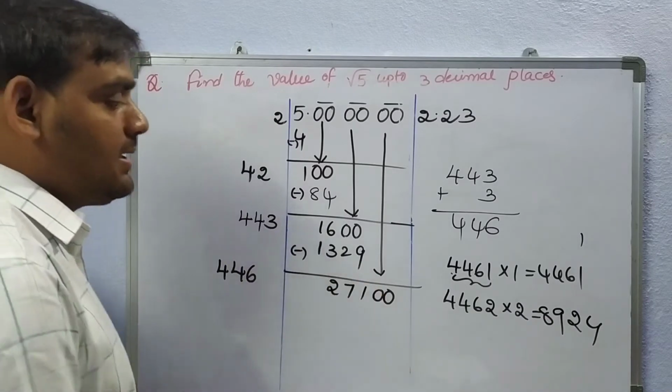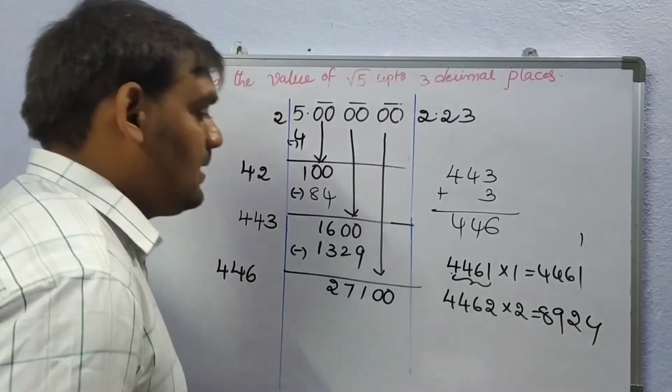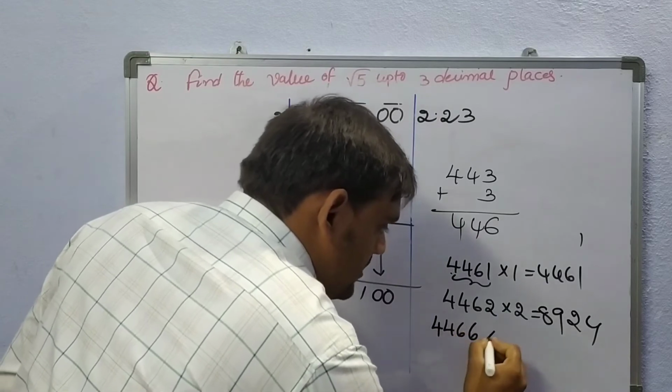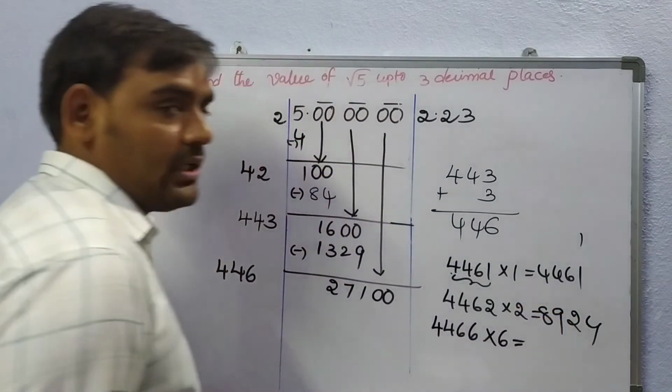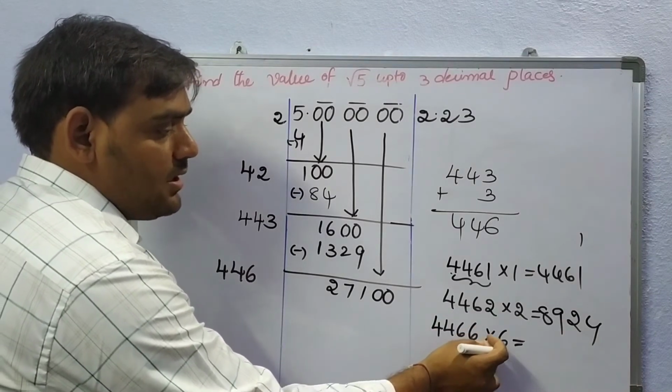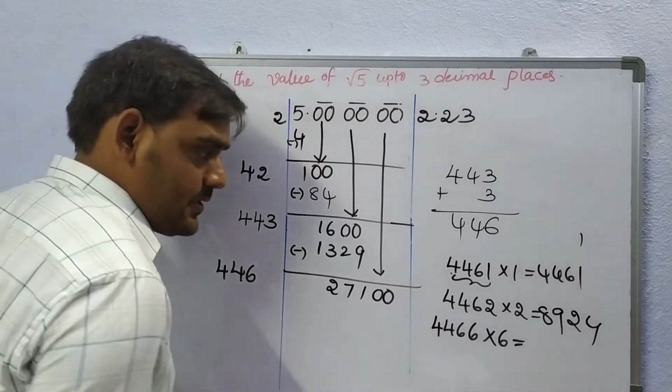So here I am taking 446 beside 6 only. So into 6 we need to take. So here beside 446 I have taken 6. So the entire number I need to multiply with 6 only.